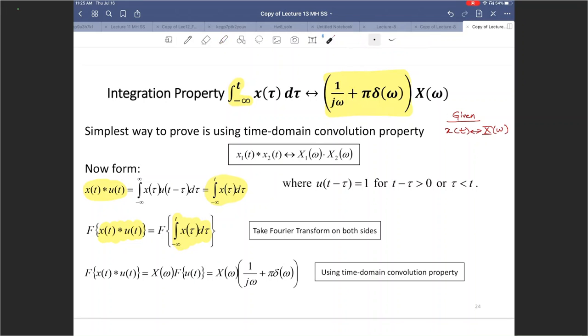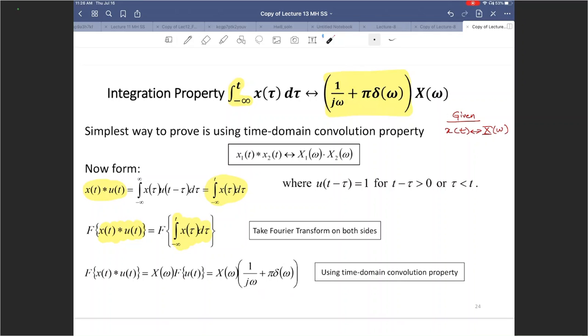Next, the Fourier transform of this is going to equal the Fourier transform of x multiplied with the Fourier transform of u of t. So you multiply, using the time domain convolution property that we just proved. X of omega remains as is. The Fourier transform of the unit step we had proved earlier.